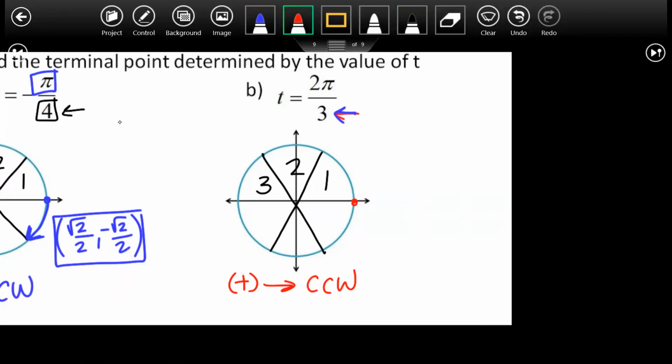The top portion tells me how much distance I'm going to go around using this pi over 3. I'm going over 1, then 2. It's going to give me this coordinate point up here, which is going to be my reference for what? -1/2, -√3 over 2. This will be my terminal point for this.